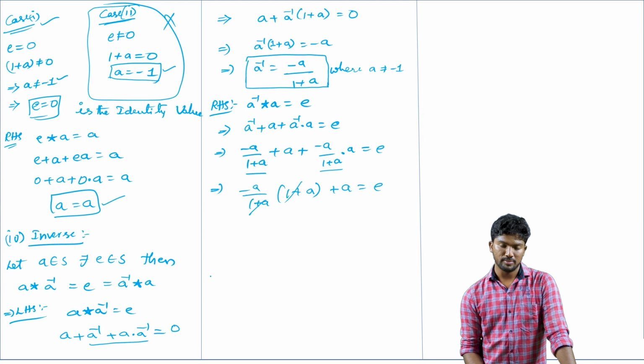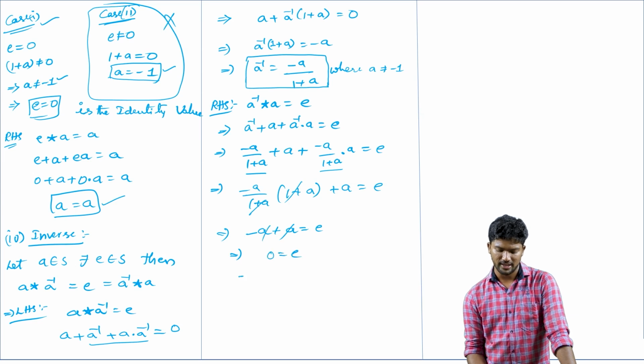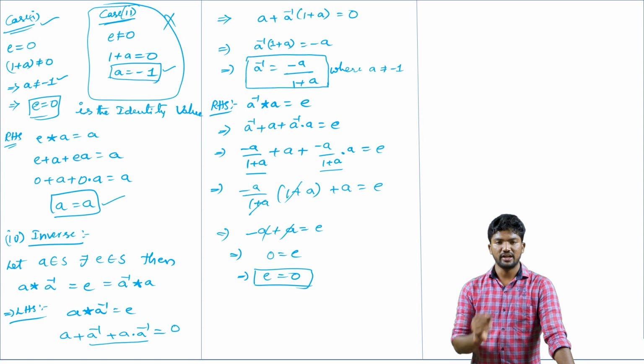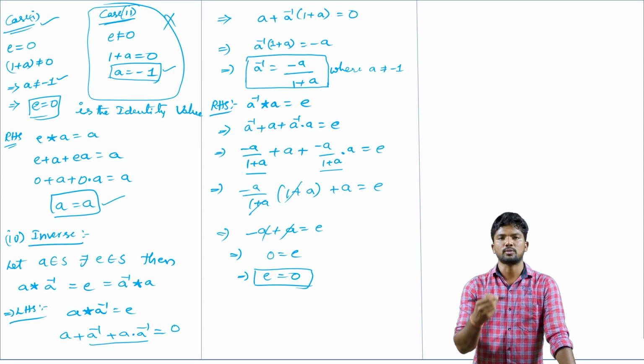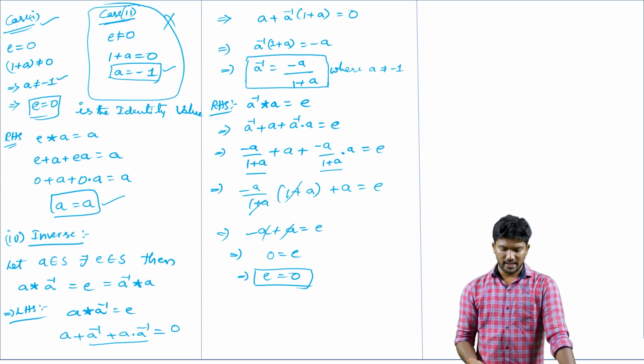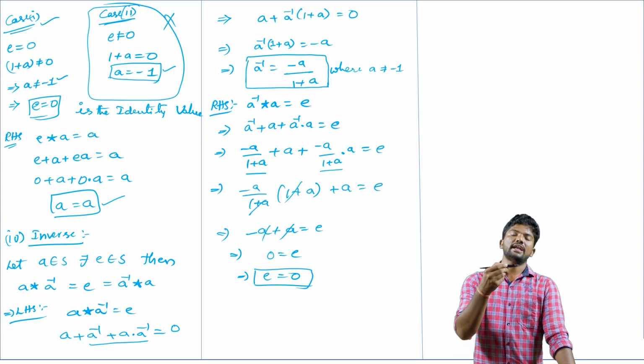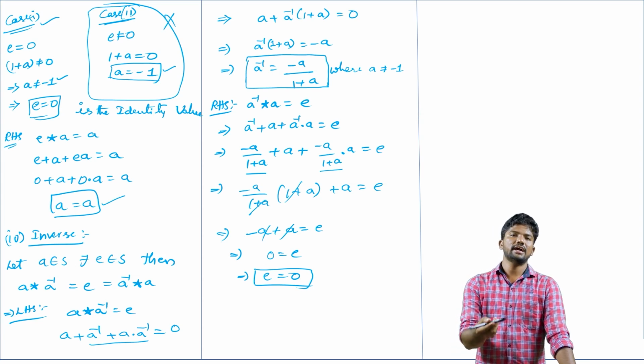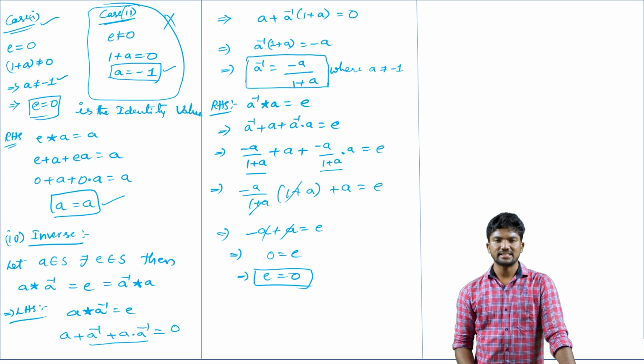This 1 plus a and this 1 plus a will get cancelled. Minus a plus a is equal to e, plus a minus a will get cancelled. Then 0 is equal to e. Therefore, e = 0 is the identity element. Whenever you substitute the identity element in the property, you will get a inverse equal to minus a by 1 plus a.